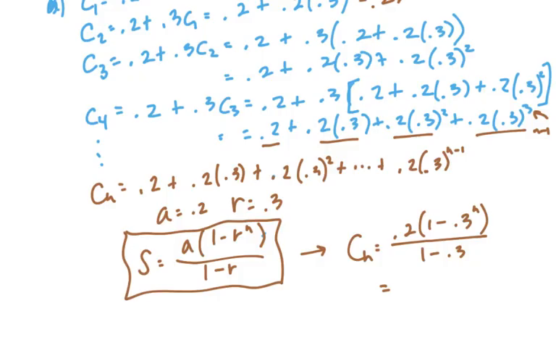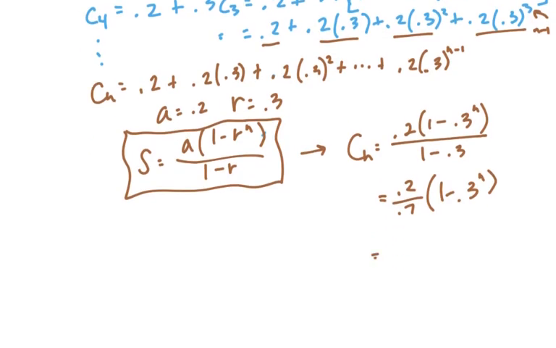So this equals 0.2. Let's do it this way. 0.2 over 0.7, 1 minus 0.3 to the n. Now 0.2 over 0.7, that is 2/7, times 1 minus 0.3 to the n.